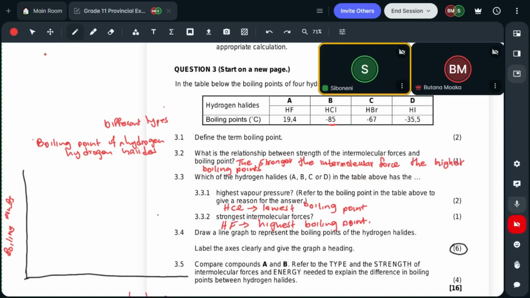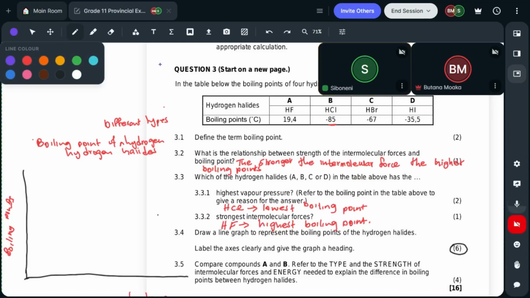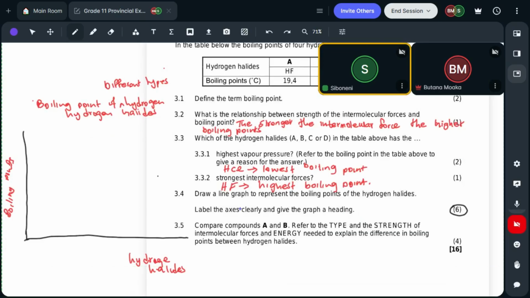I need to create the reference point, which is 0.0. You understand? Then going up, this will be 0, 20, 40, 60. Then this will be negative 20. We go down negative 40, negative 60, negative 80, and so on.